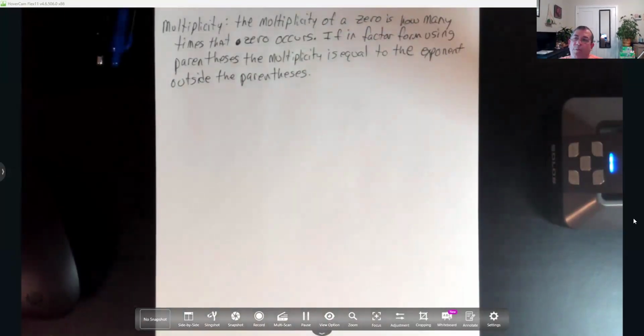So if you're in factor form like x plus 2 inside parentheses, then the multiplicity will be the exponent on that outside of those parentheses.